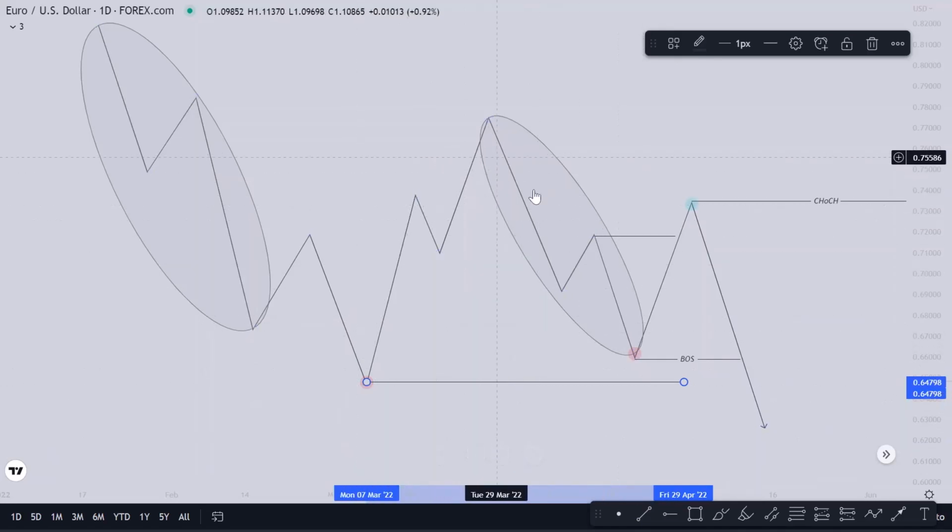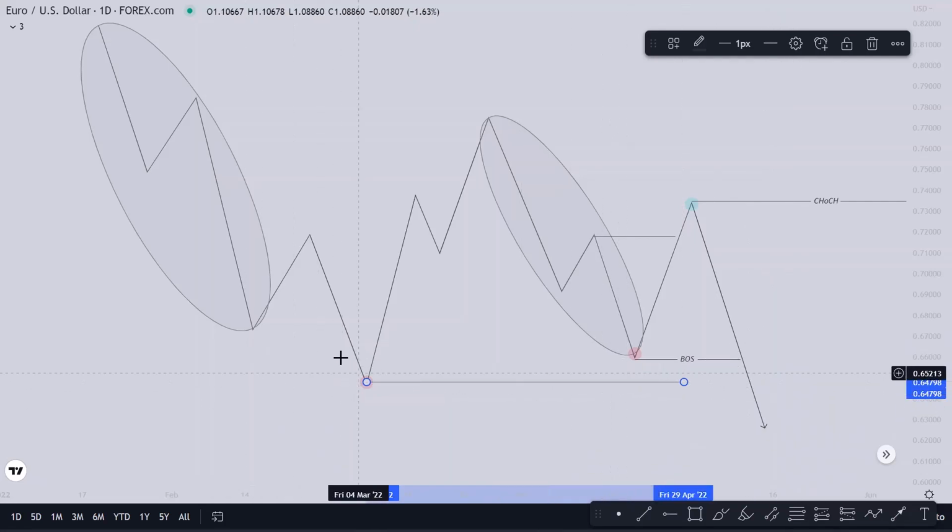And then we still have no high right here. Ignoring all of this, since we broke right here, my change of character is gonna move from here to here, since this is the highest point between this low and where the breakout structure happens.